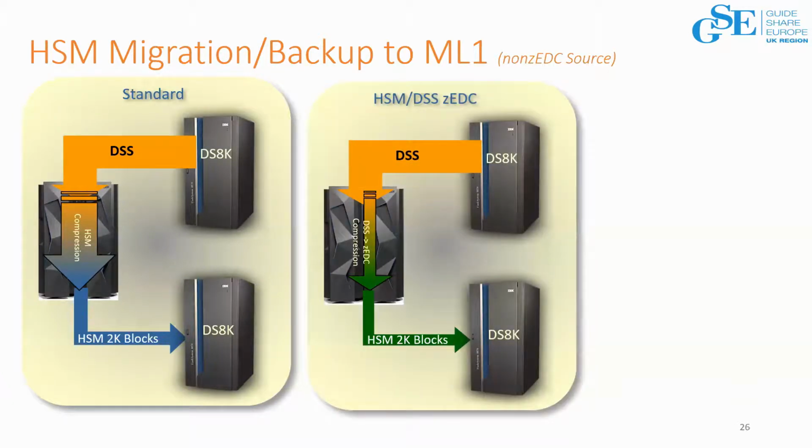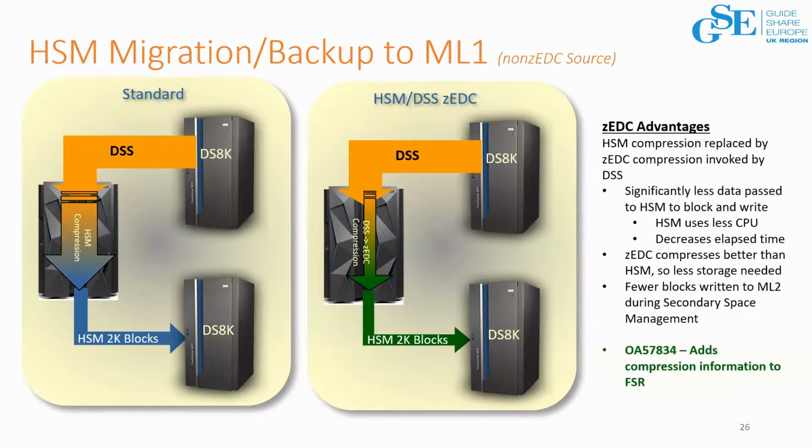You can contrast that with the right, when DSS invokes zEDC for compression, there's significantly less data for HSM to block and write, and that's reducing the CPU and elapsed time. Also, since zEDC compresses better than HSM, less storage is needed, and zEDC is also beneficial for secondary space management processing since there are fewer blocks to write to ML2.